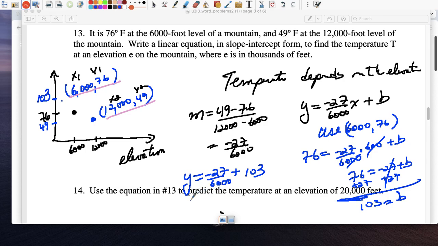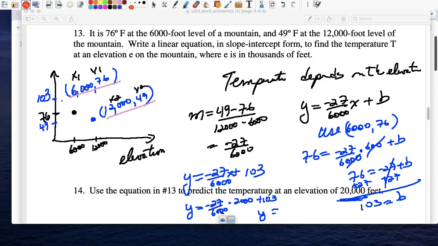Sorry, I forgot the x here. Y equals negative 27 over 6,000 times 20,000 plus 103. So plug that in. Negative fraction of 27 over 6,000 plus 103.